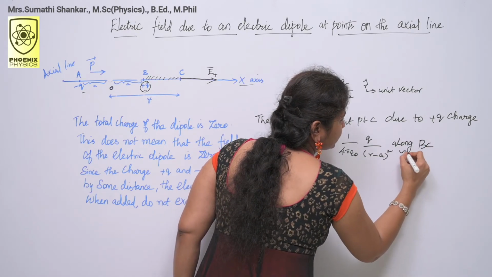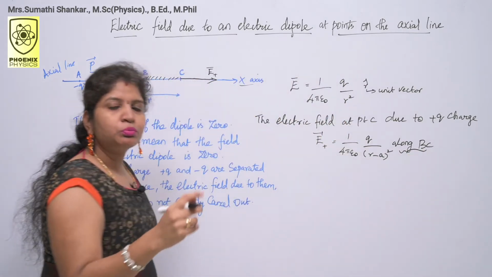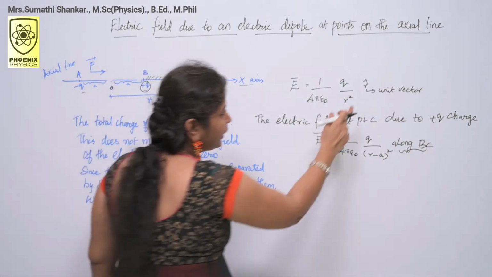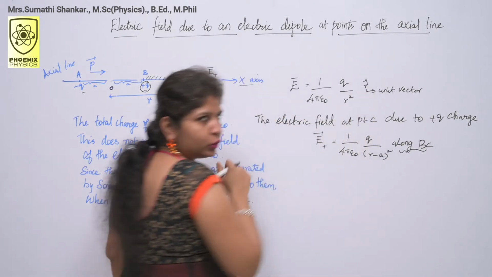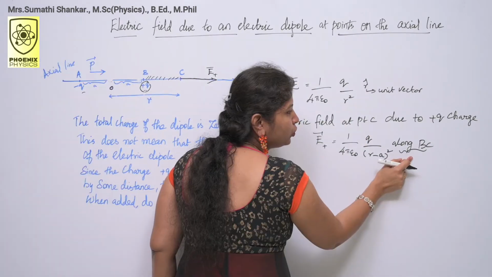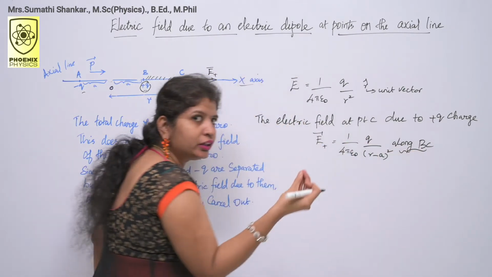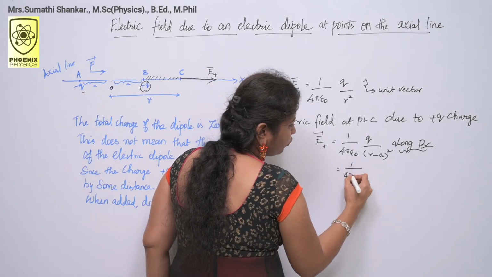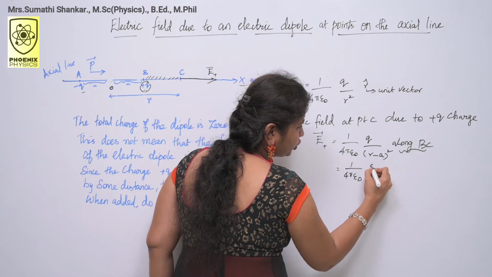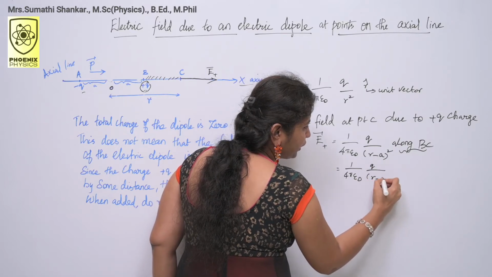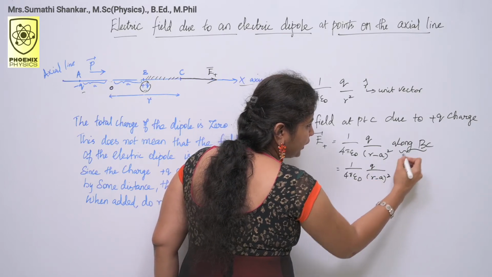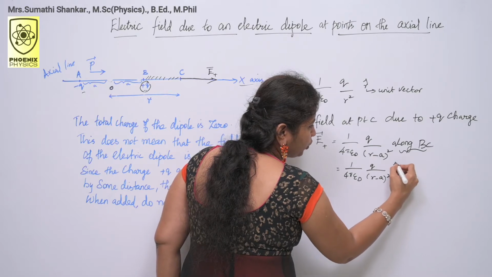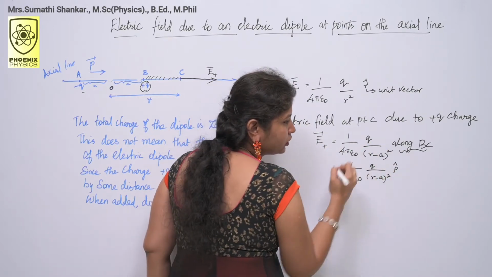How do you write this direction along BC in terms of unit vector? Because here I have written unit vector, right? You write like this: 1 by 4 pi epsilon naught q by r minus a the whole square, here I am going to use p cap. What is this p cap?